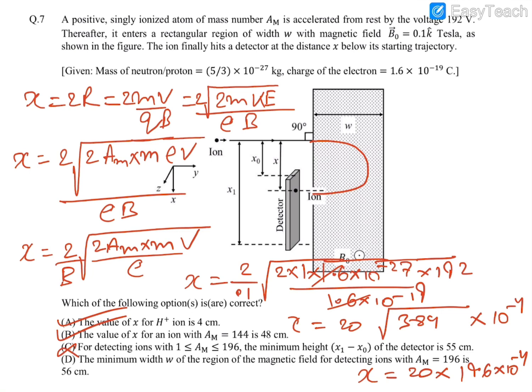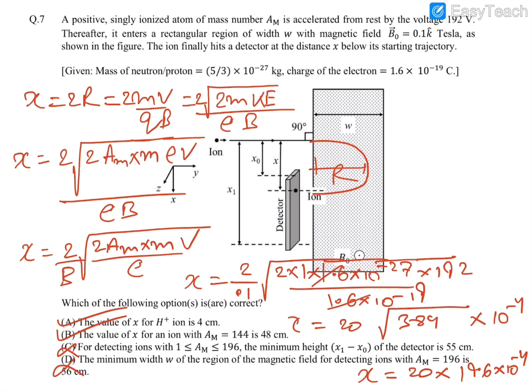And the minimum width of this region for the magnetic field detecting the ions is this. So minimum width should be equal to R at least. So we have already calculated that if AM is 196, then the value of x will be 56, and we have to find out x by 2 because x is 2r, so r will be 28, so this is also wrong. So the correct answers are A and B.